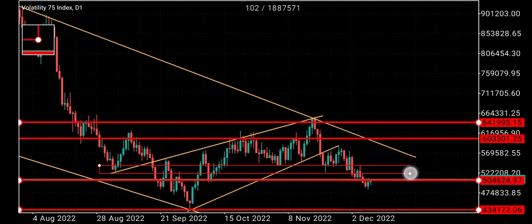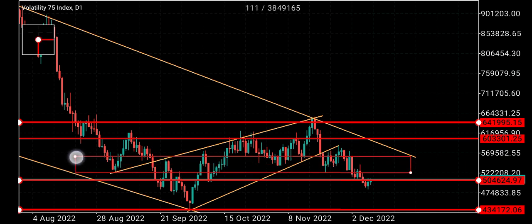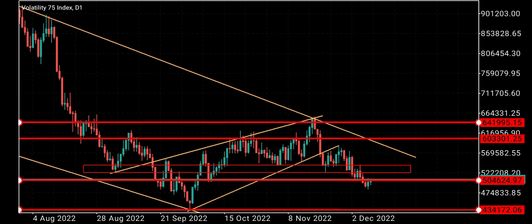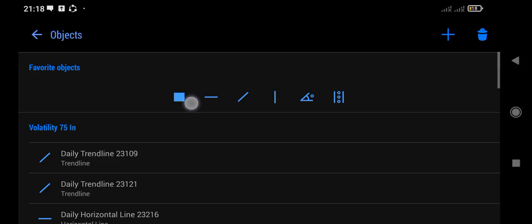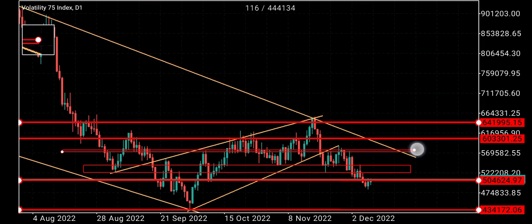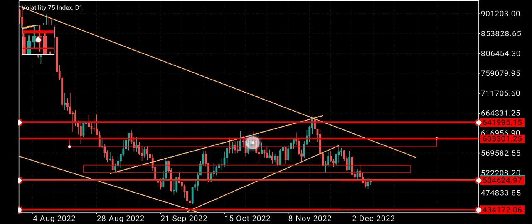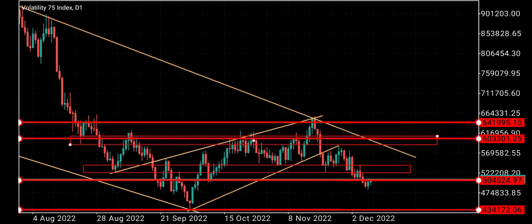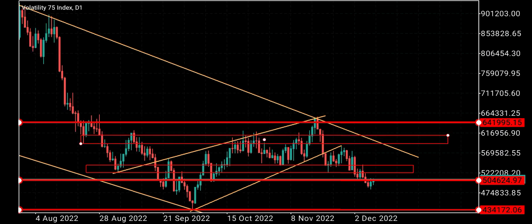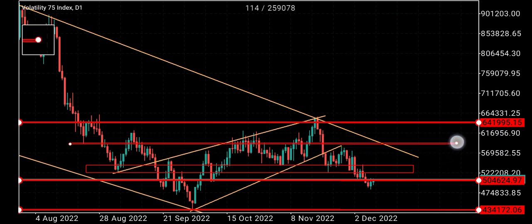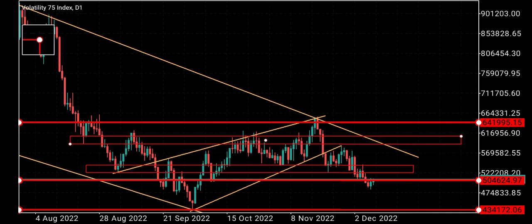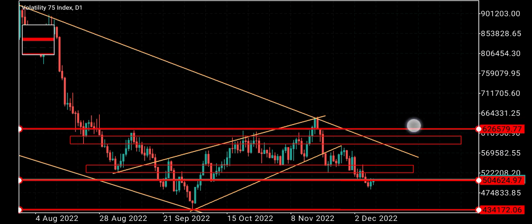A zone works better for me compared to a simple horizontal line, right? So I'm only going to do these two zones, because they look to be the current important ones.